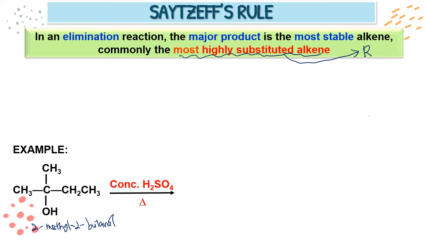The product that you will get over here is going to be an alkene. Now, how do we know which bond is involved in the elimination process? First, focus on where the hydroxyl group is, because we're going to remove this.